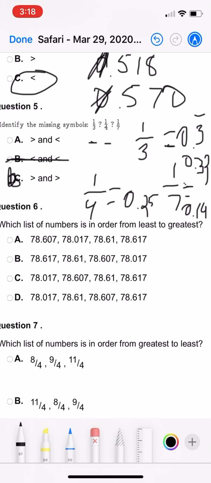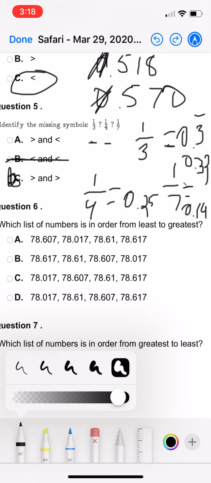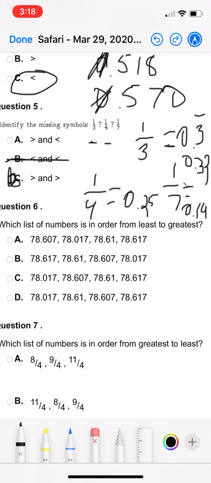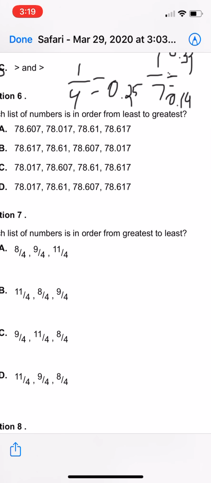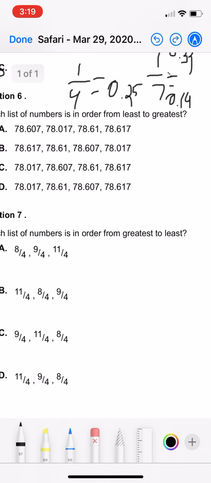I think I'm going to need more space for this next one. So this next one, we're comparing all of these numbers, and if you're looking at it, 78 is the number in front of the decimal. So I'm not even going to pay attention to 78. So we're going to be comparing 607.